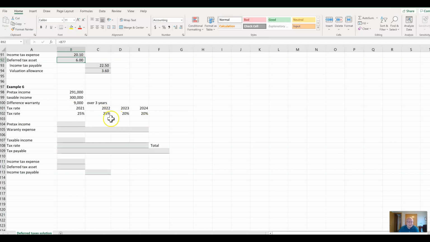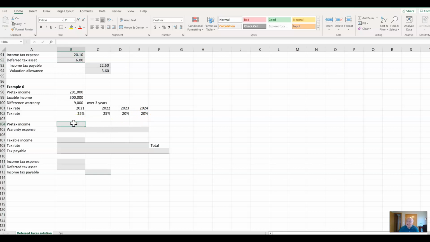So that's what this is here. And then we're expecting the tax rate change to 20% in 2023 and 2024. Because the tax rates you want to use are the tax rates that will be in place when you realize the differences. Okay, so that's why we just put in the 2024.